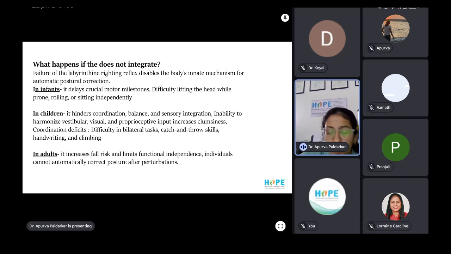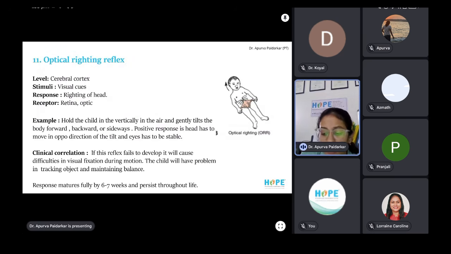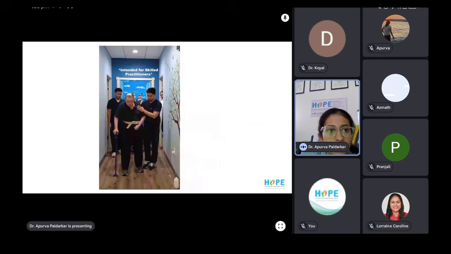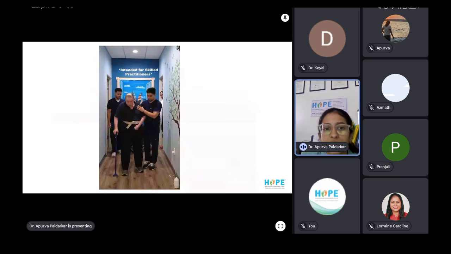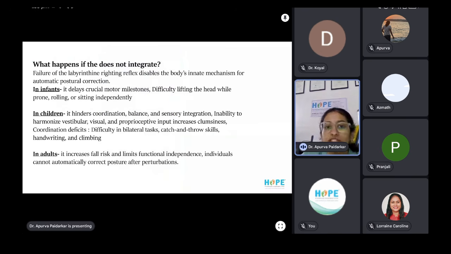We also read about the optical righting reflex before the labyrinthine one. So what happens if both reflexes do not integrate? The failure of the labyrinthine righting reflexes disables the body's innate mechanism for automatic postural correction. In infants, it delays crucial motor milestones, with difficulty lifting the head while prone, rolling, or sitting independently.